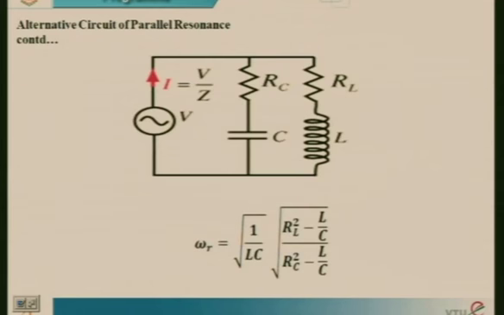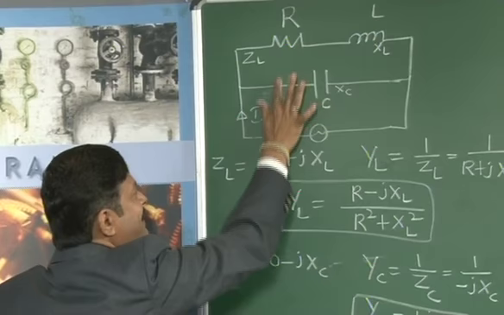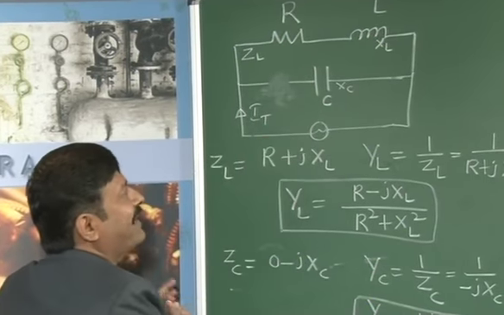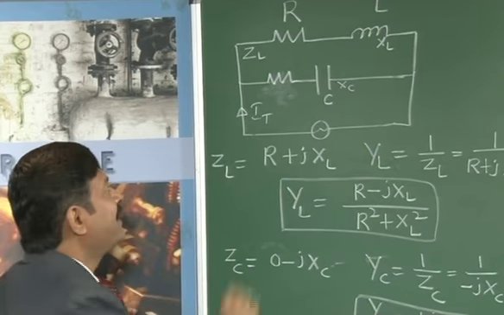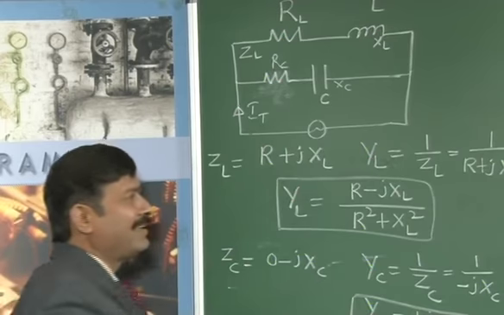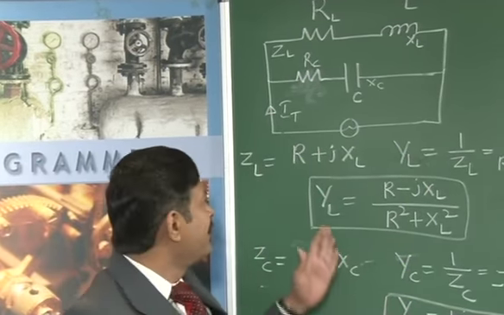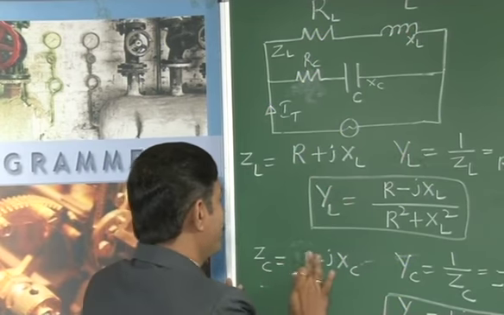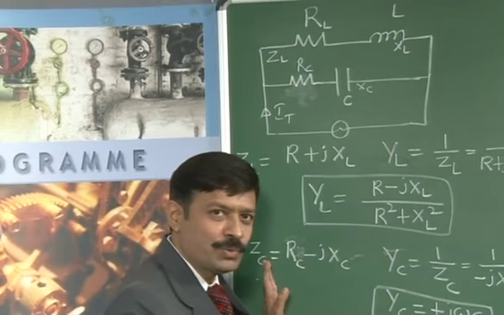In a similar way, look at this circuit, suppose one of the resistances is connected here, then you call this RL and this I will call RC. Apply the same method, then this will become RC minus JXC, that is the ZC value.